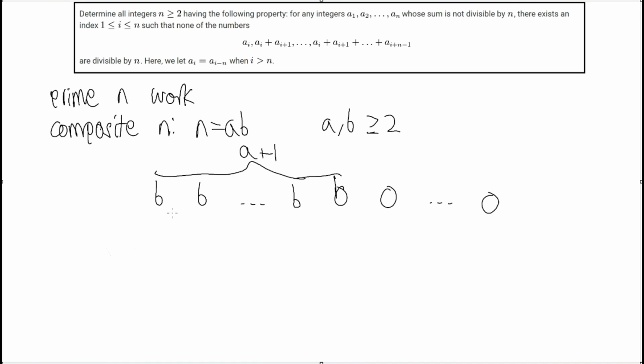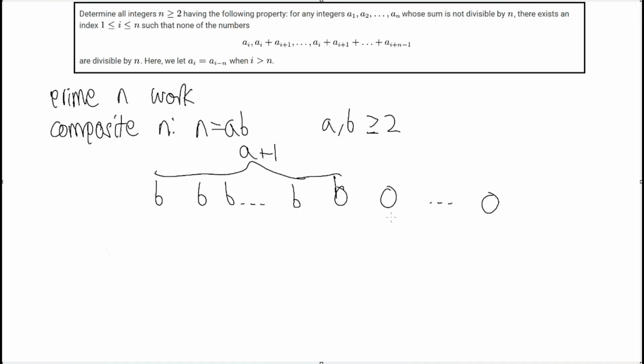Then if we started at this b, then we can just go here. If we started at this b, we can just go here. And if we started at a b here, then we go here, then we continue going past, and then we end up here. And such logic holds for all of the b's on the list.